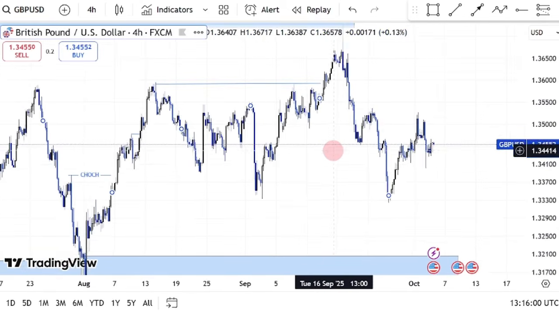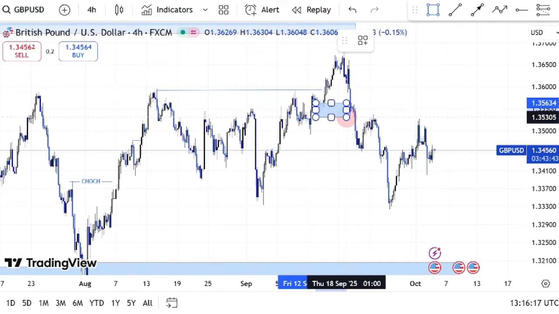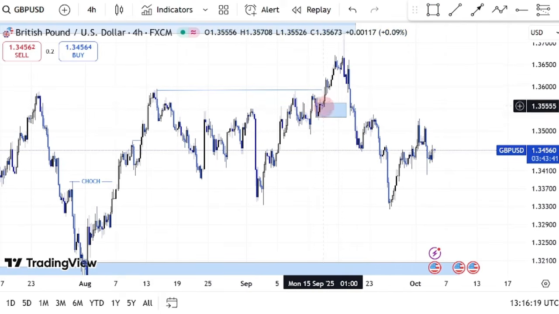If you look at this point, this was where we had the last break, the last push to the upside. And where is the zone that actually caused that push to the upside? This was the order block that caused that break to the upside.